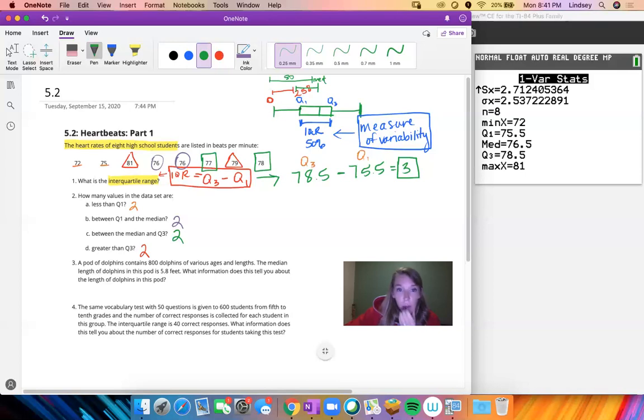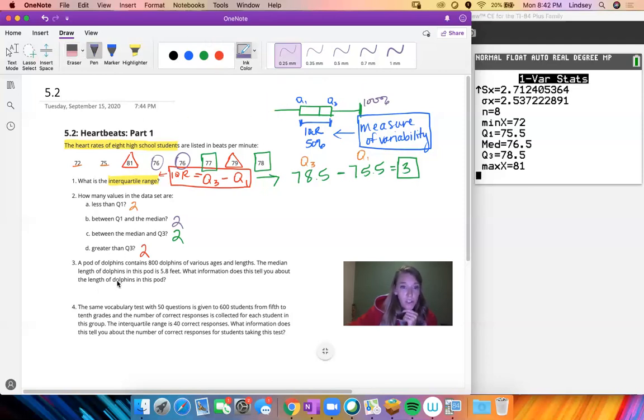From our Q1 to our median is another 25. From our median to our Q3 is another 25, for a total of 75. And then from our Q3 to our maximum is another 25%, for a total of 100% of our data. I'm going to erase that because that seems kind of confusing.